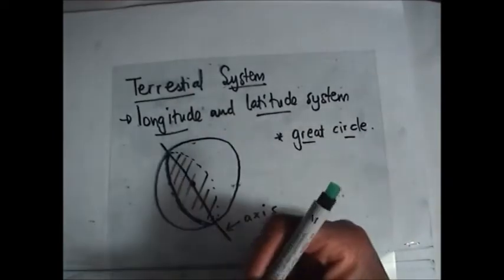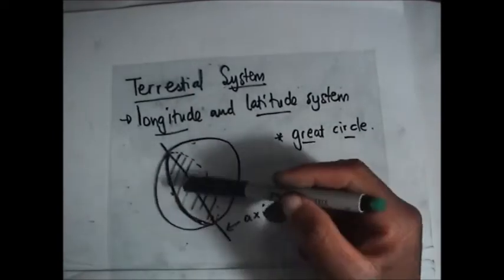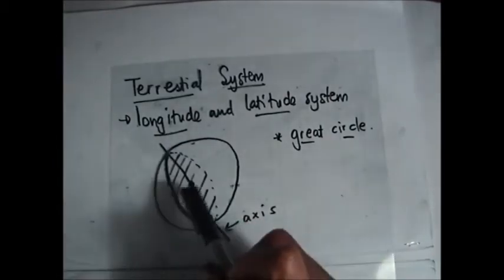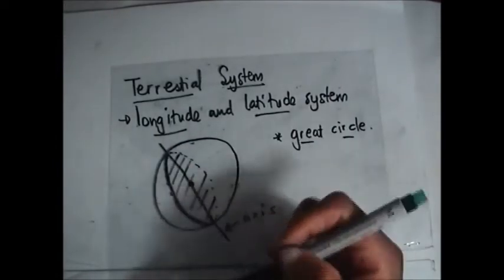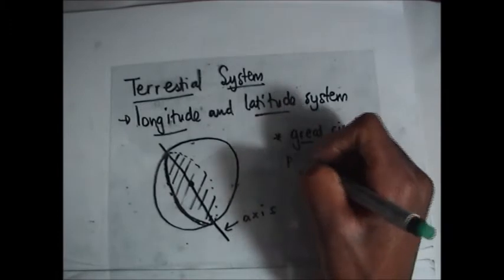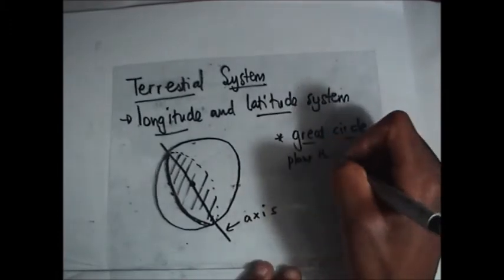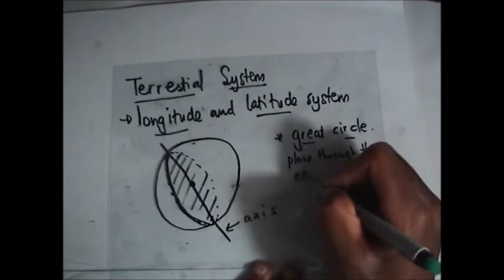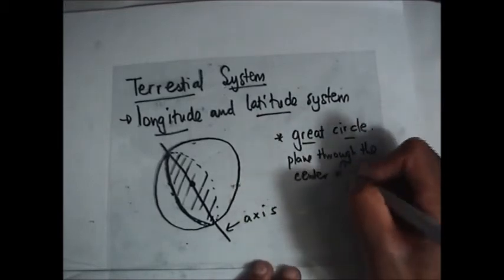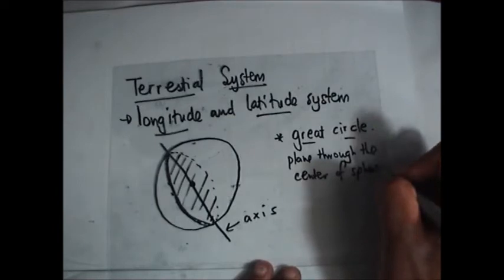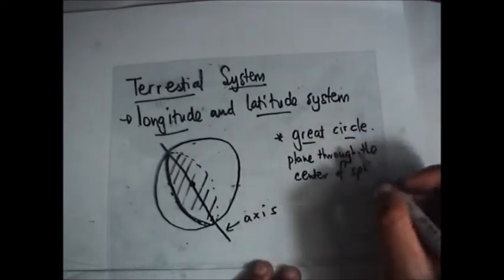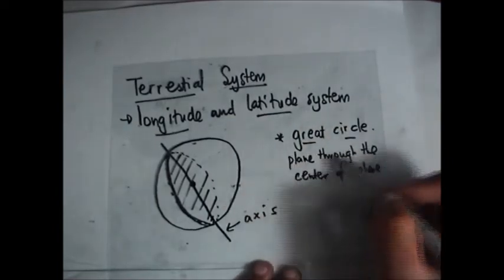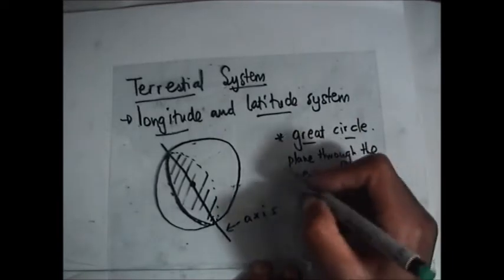With a plane through the center of the sphere, we get a what? A great circle. So a great circle comes when the plane passes through the center of the sphere.